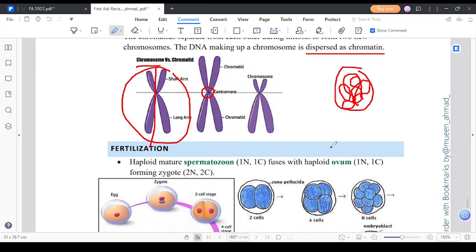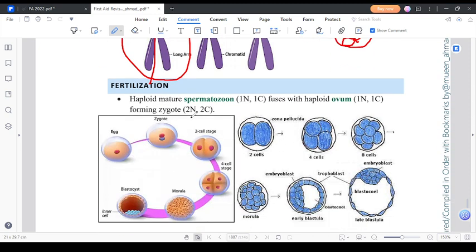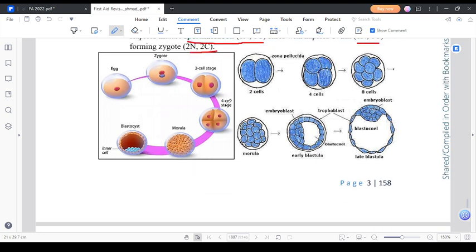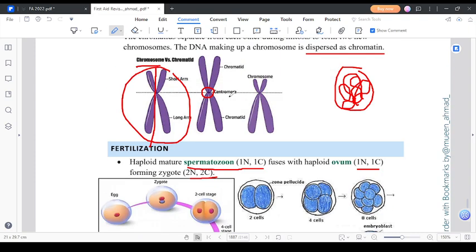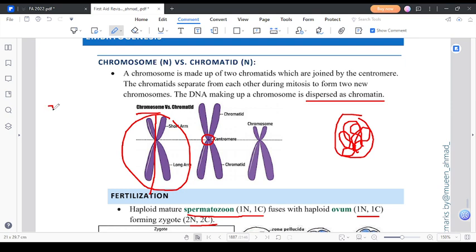So remember that. Then talking about fertilization, how does fertilization take place? Haploid mature spermatozoon 1N 1C fuses with the haploid ovum 1N 1C, forming 2N 2C. So when do we call it 1N 1C? In human beings there are 23 pairs of chromosomes in each cell, right?